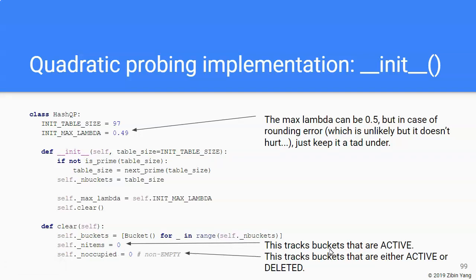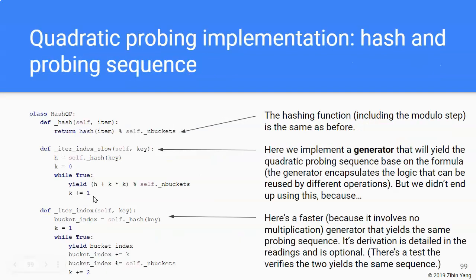So the number of items is really the buckets that are active. And then we also keep a second number, the number of buckets that have been occupied. And this would track buckets that are either active or deleted. And we're actually going to be using the number of occupied more often.